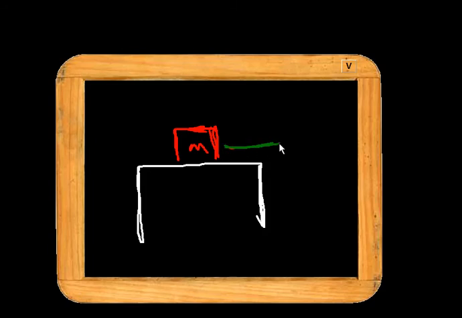This P is the pulling force. So always the force of friction will be opposing the pulling force. The force of friction will be towards this side. So the pulling force is this side and the force of friction is towards this side, so they are opposing forces.